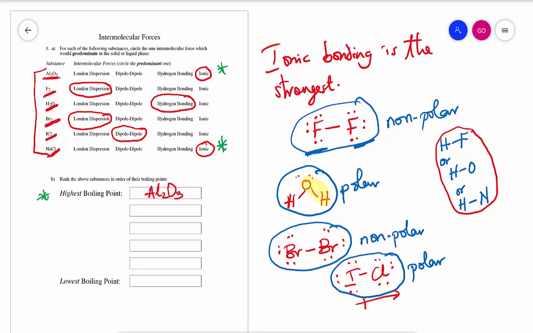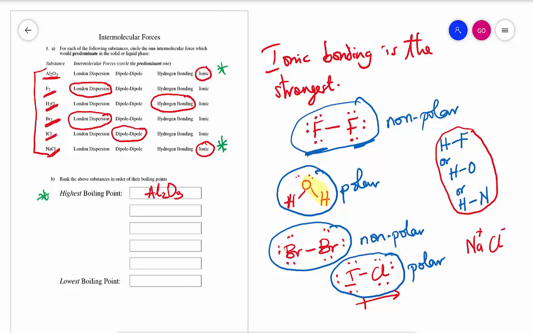Al2O3. And this is the question. How do I know? Well, the intermolecular forces is not the only forces we would have to take a look at. We will also need to take a look at intramolecular forces. Now, for NaCl, we have a compound that has +1 on sodium and -1 on chlorine.